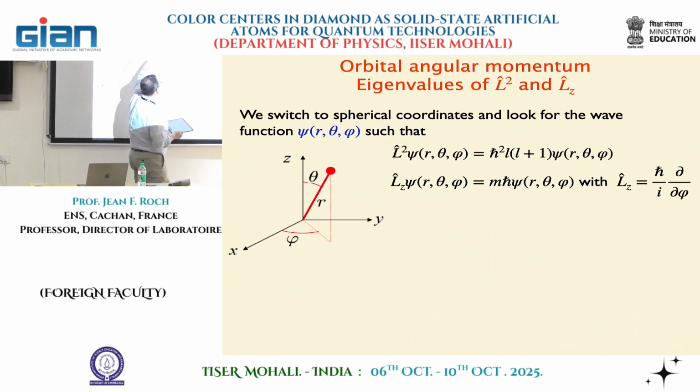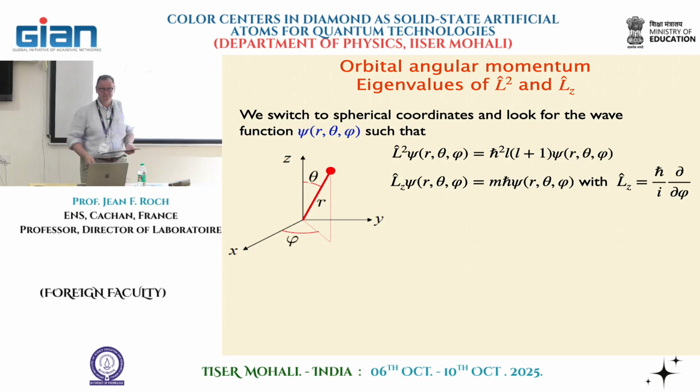Then it's simply L squared psi equals h bar squared L(L plus 1) psi. Lz acting on this wave function will be the quantum number m times h bar times the wave function. Okay?